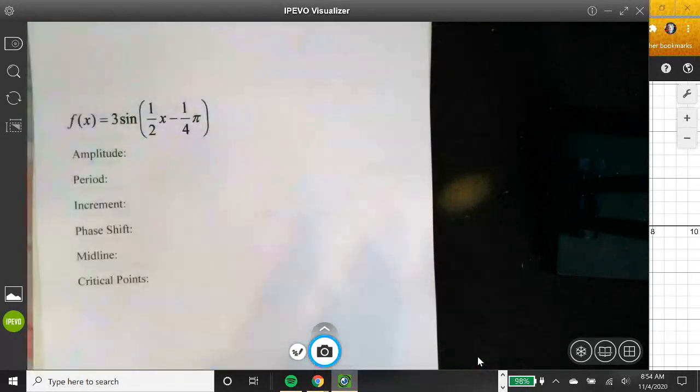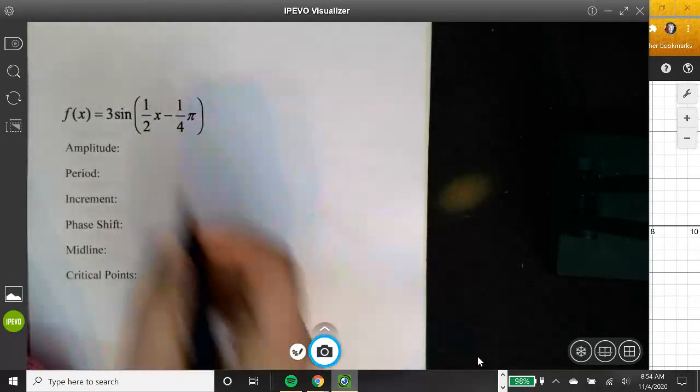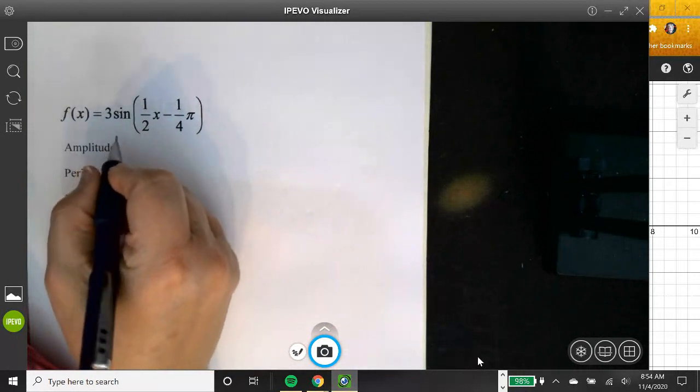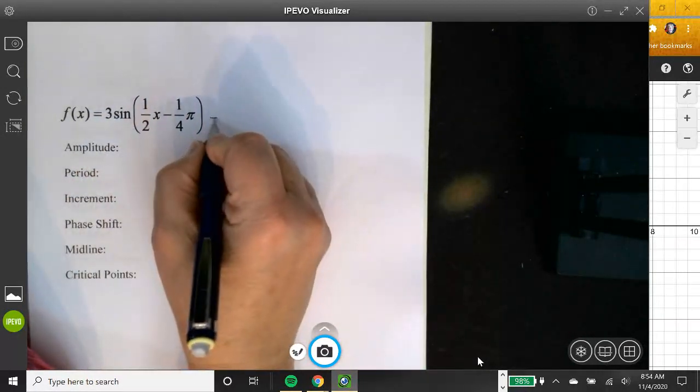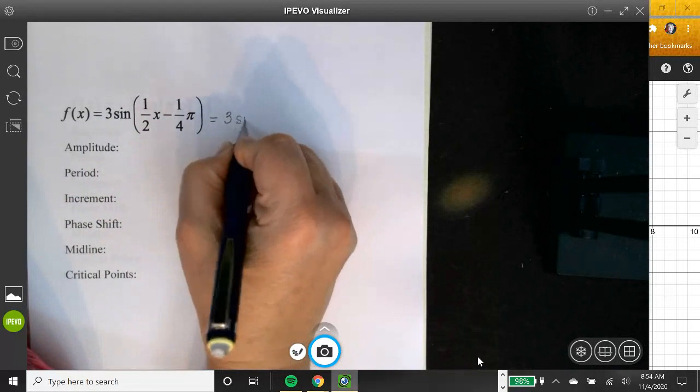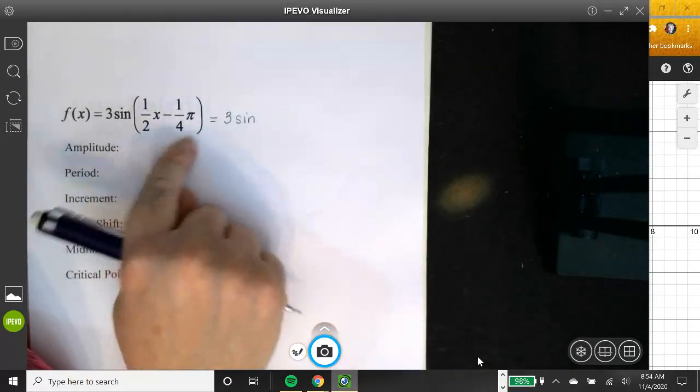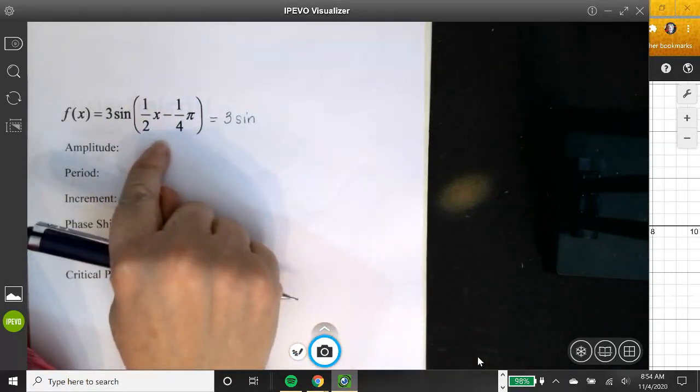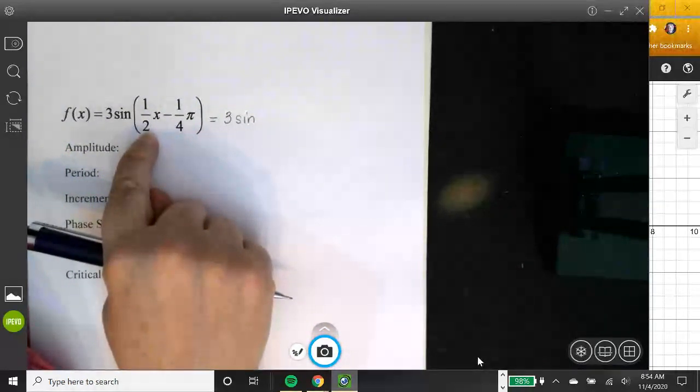All righty, another one. Uh-oh, we amped it up here a little bit. So what does this equal? This is going to equal 3 times the sine. What am I going to factor out here? I'm going to factor out a 1/2, because you factor out whatever's in front of the x.